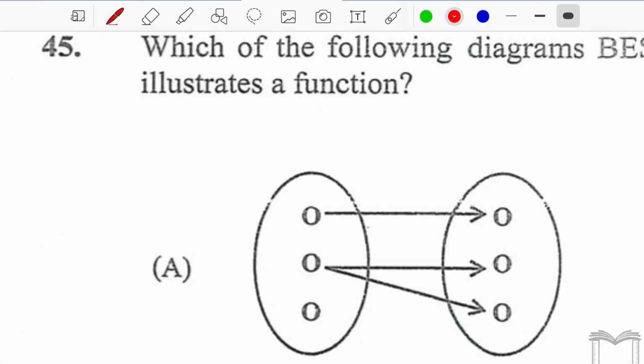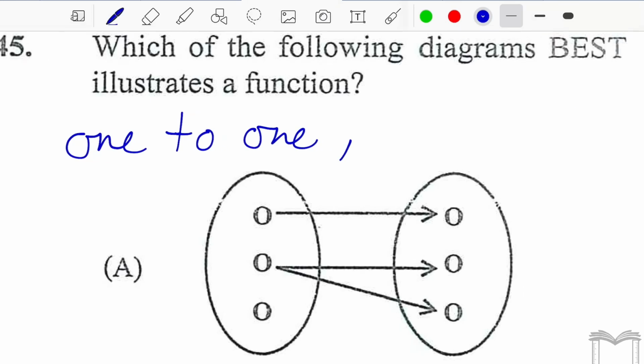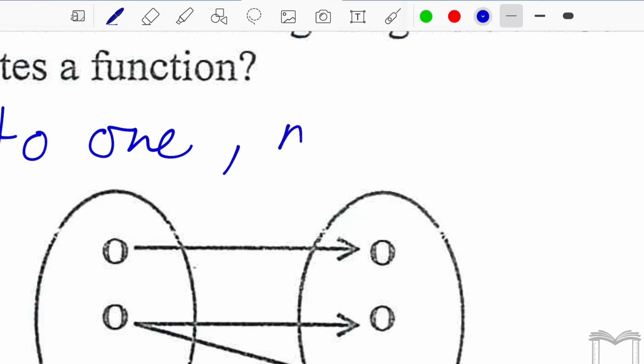So let's make note of that somewhere. One-to-one or many-to-one.